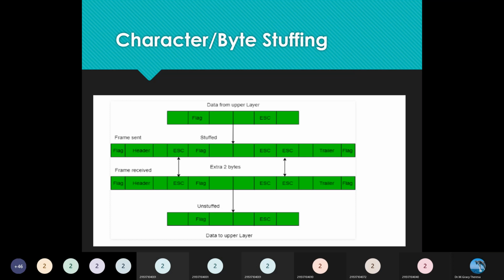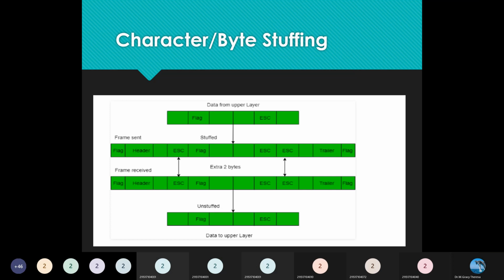Talking about character byte stuffing, by the term itself, this carries an 8-bit character from the coding system.